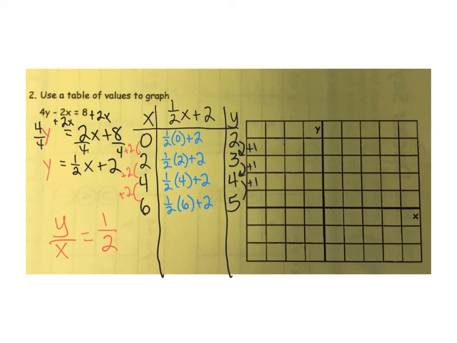Graph it. 0, 2. Graph it. I'll graph it in blue. 2, 3. Over 2 up 3. Over 4 up 6. I'm kind of running out of room, right? 1, 2, 3, 4, 5, 6.